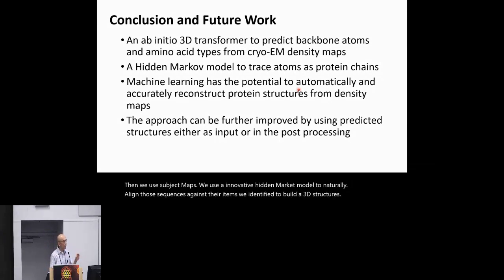By doing this, we think we have demonstrated that machine learning methods have great potential to automatically and accurately build protein structures from large density maps. Of course, this method can be further improved by using the predicted protein structures either as an input or as output in the post-processing step to further improve the quality of the predicted structures.